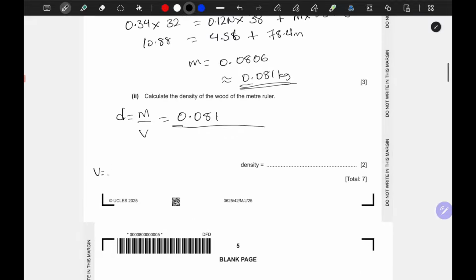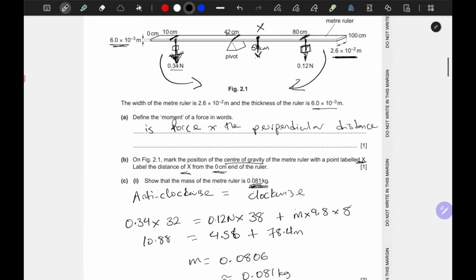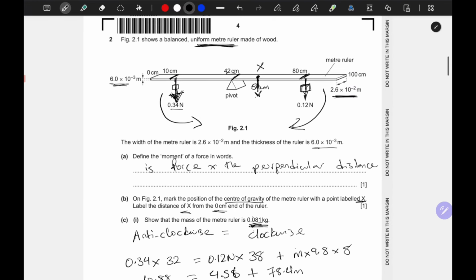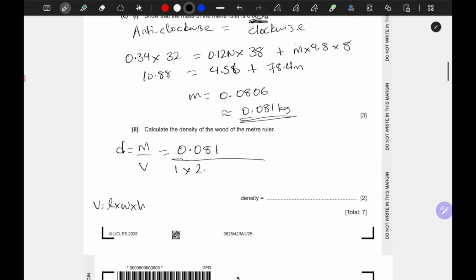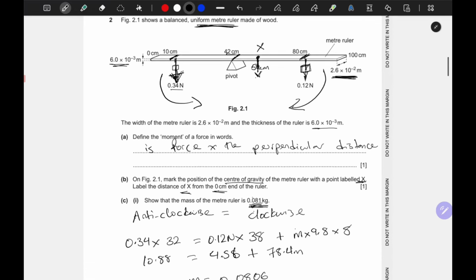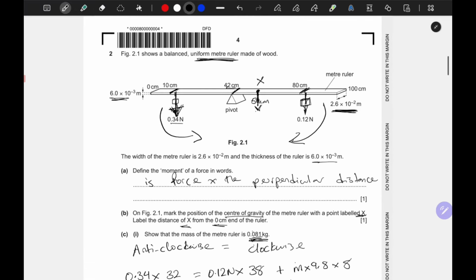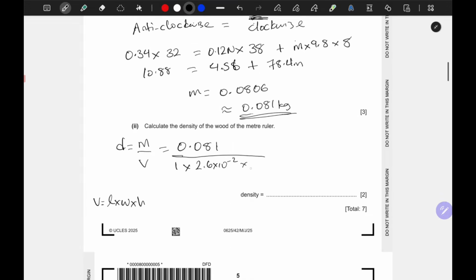Volume is length times width times height. Length is 100 centimeters, which is 1 meter. Times width. If we go back to the diagram, we know width is 2.6 times 10 to the power of minus 2, times height. Also on the diagram, 6 times 10 to the power of minus 3.